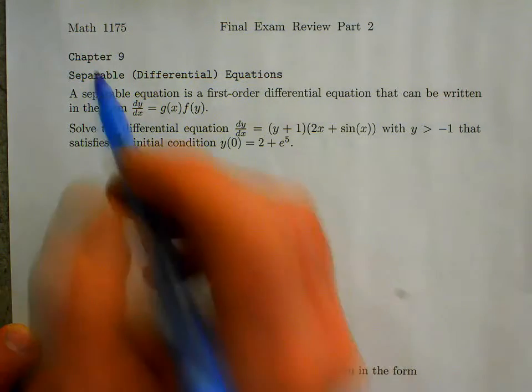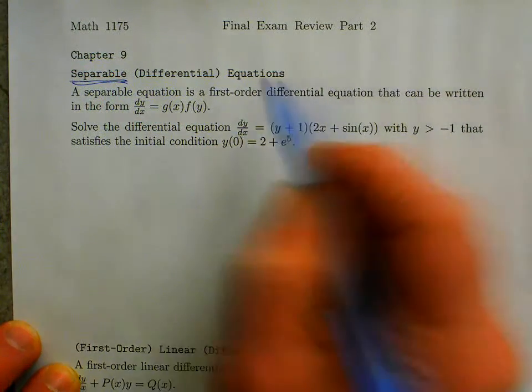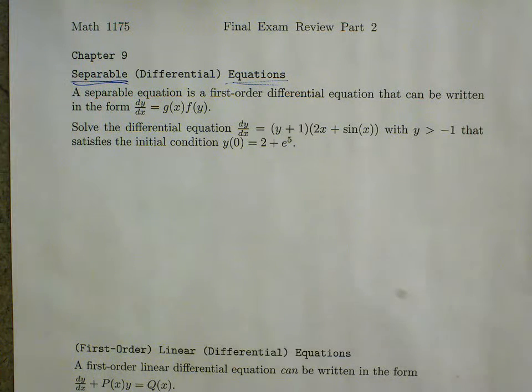So a hint on remembering how to solve a separable equation is if you can get on one side a function of y times dy, and that's equal to the other side, which is a function of x times dx, then you integrate both sides. So the idea is you separate the variables and then integrate after that.